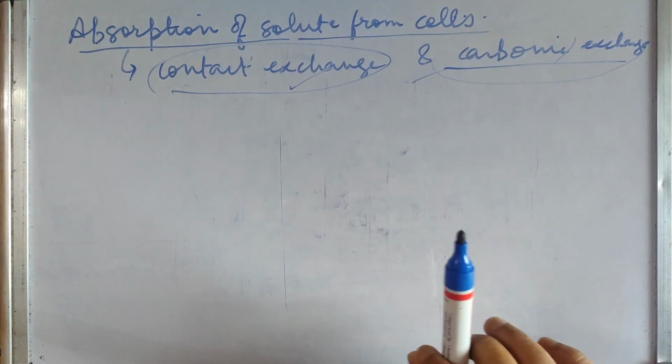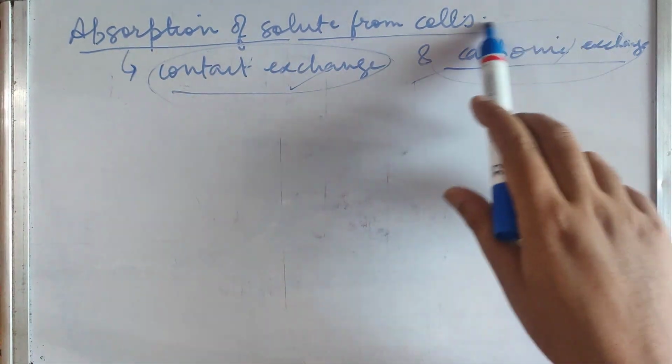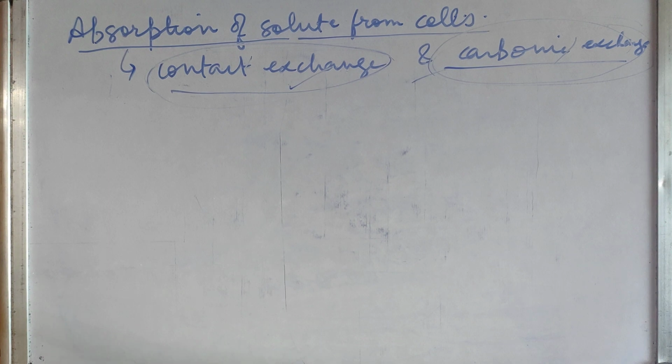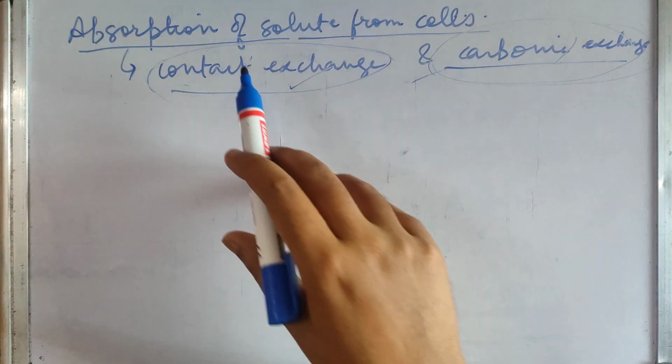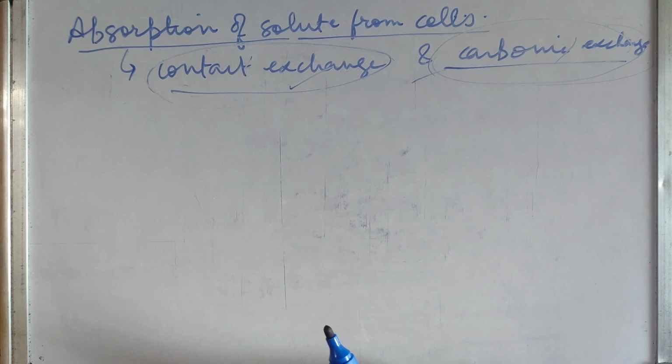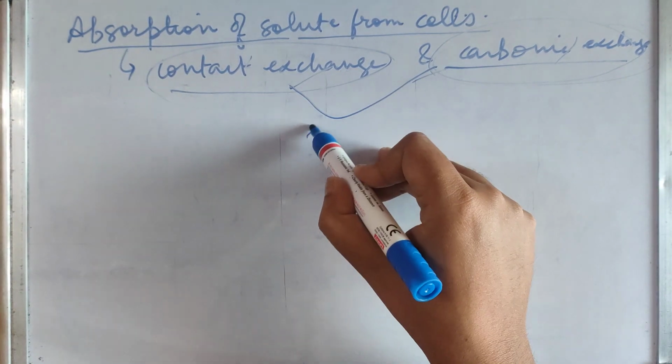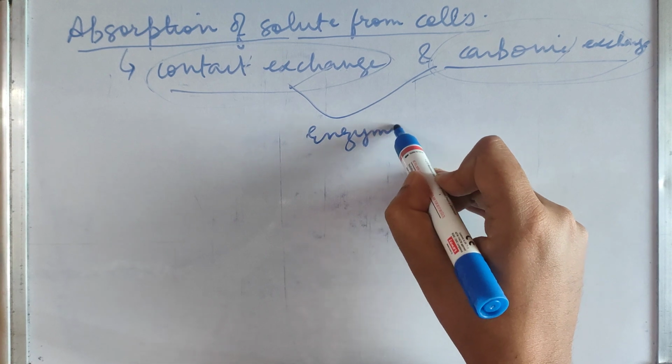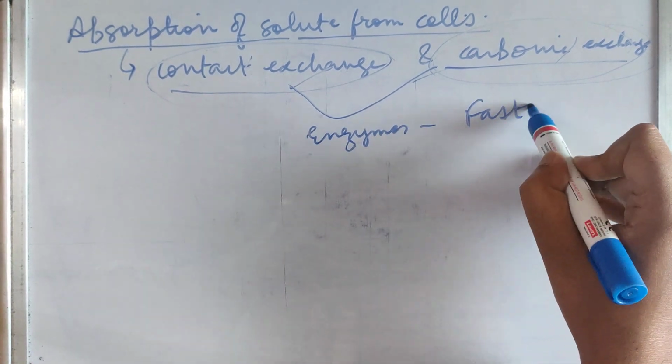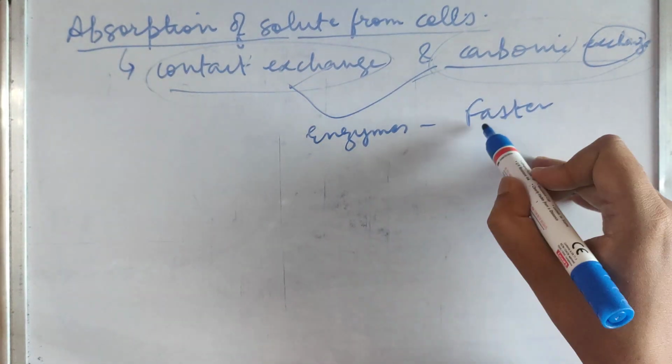So you must see those lectures to understand in detail what contact exchange and carbonic exchange are. In these two, various enzymes catalyze the reaction and make the process faster. With these enzymes, the faster the process, the faster the exchange between the ions.